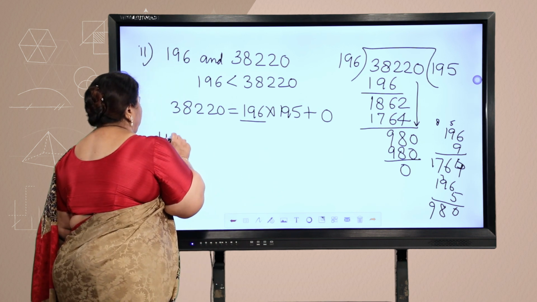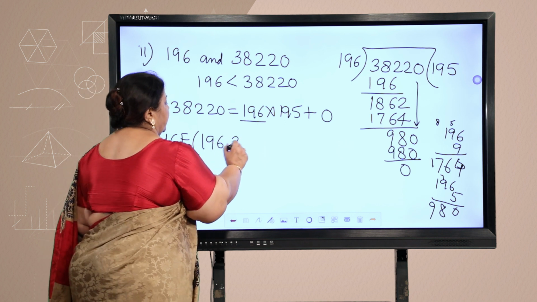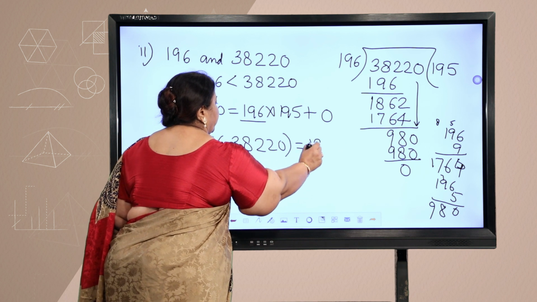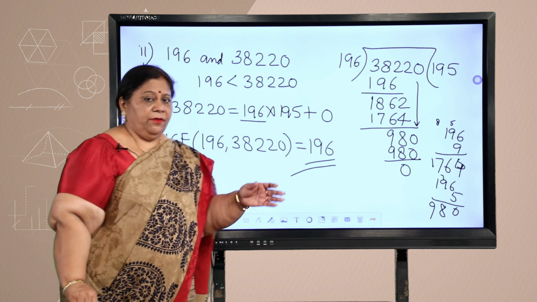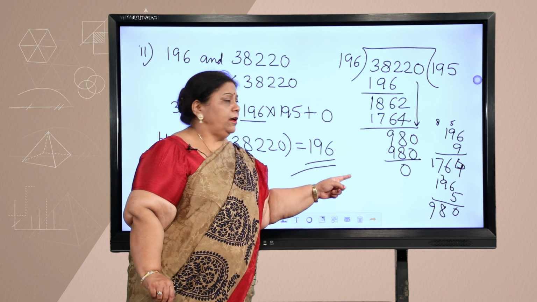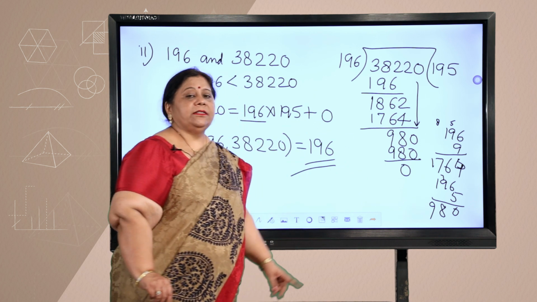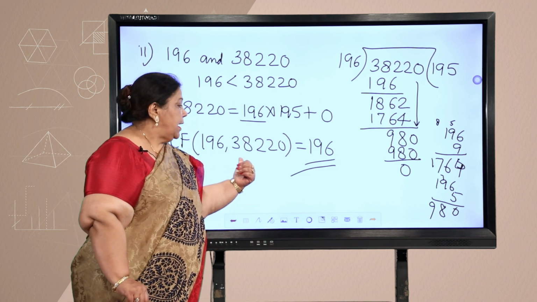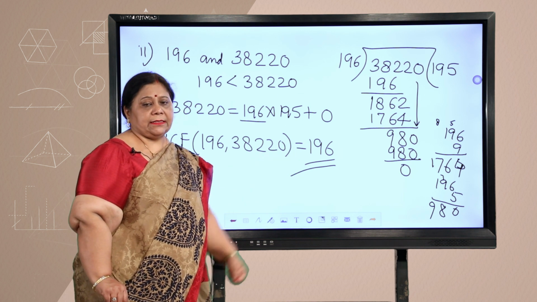So, we can write down HCF of 196 and 38,220 is 196. So, we have seen we have to focus on the remainder. In this, we got the remainder in the first division process itself. So, the divisor here is 196, therefore, the highest common factor of 196 and 38,220 is 196.